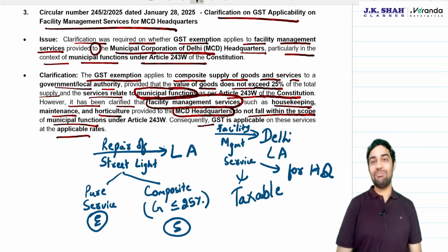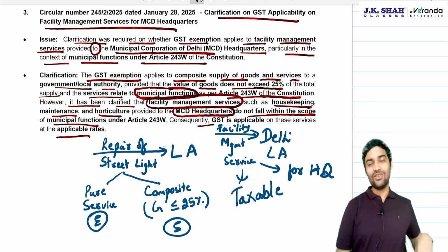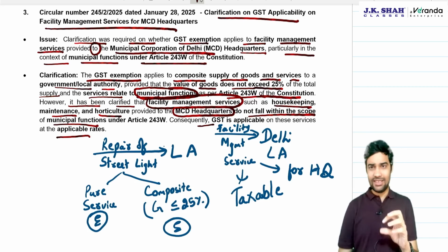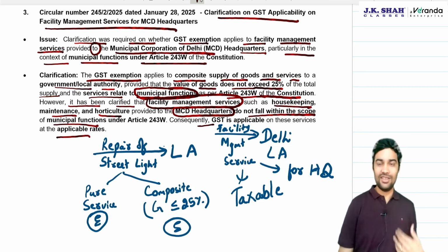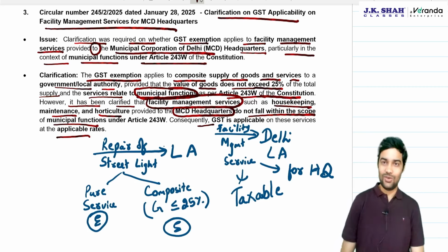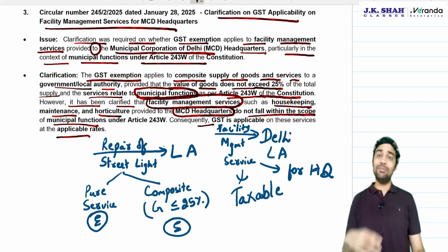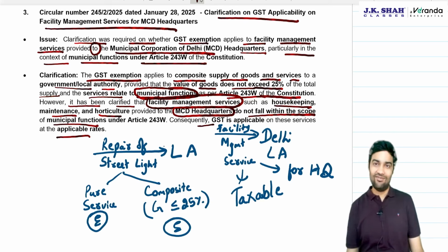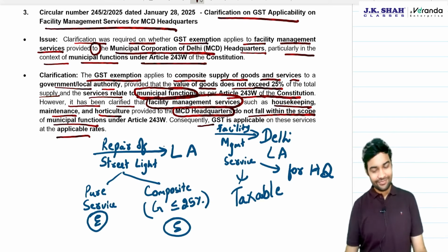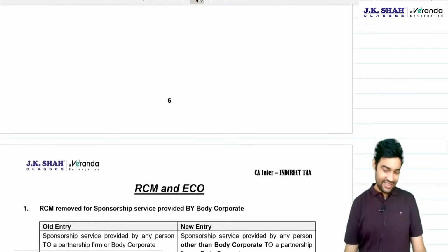But what if they repair or maintain parks? Now this is specifically for MCD, but it will apply to all the municipal authorities. See, they will give a clarification for one, but it is applicable for everyone. Clear? Okay.